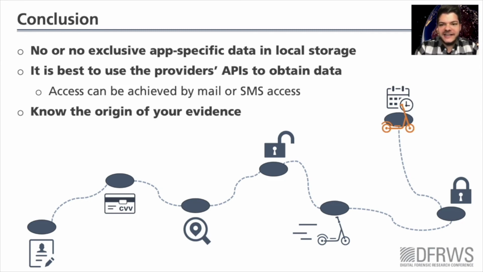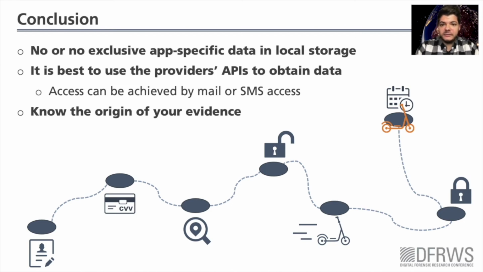We've seen that there's not really app-specific data in the local storage of devices, or at least not exclusive data. You can also find it and get it using the API. And it's pretty hard to jailbreak the phone and access this data. So it may be a better way to access data by using the API.